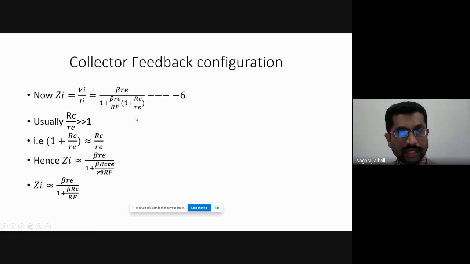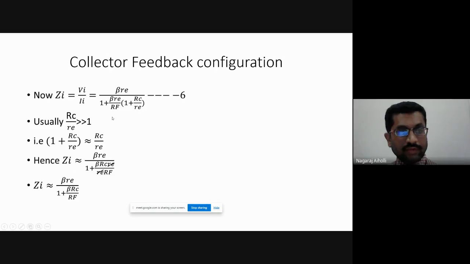Now RC by RE, capital RC by RE, is very much larger than 1. Therefore, I can write 1 plus RC by RE is approximately equal to RC by RE.